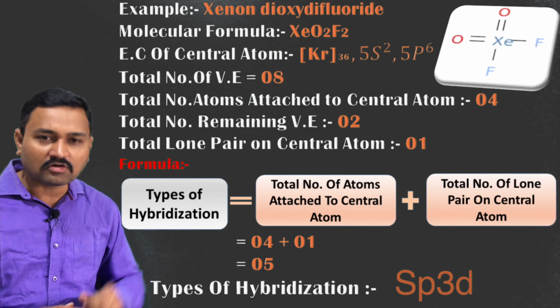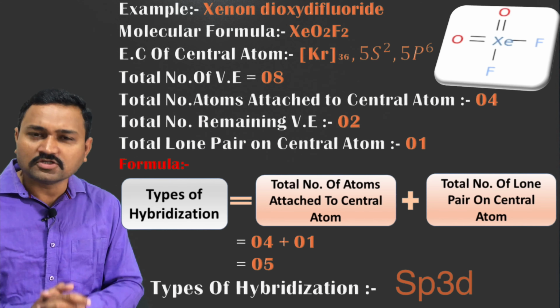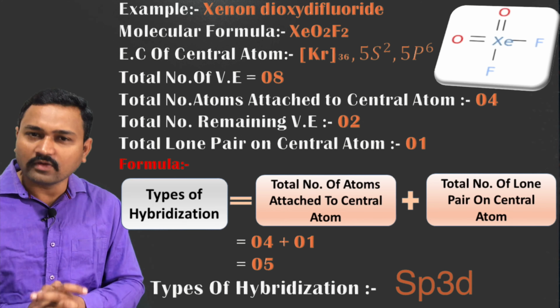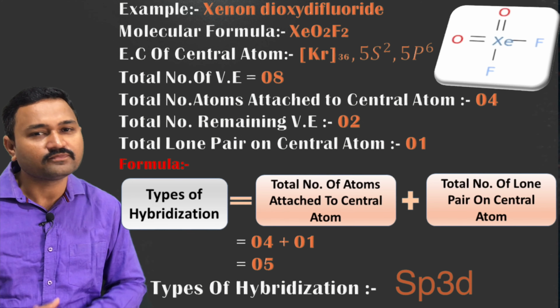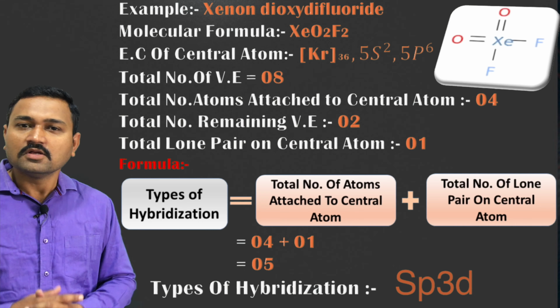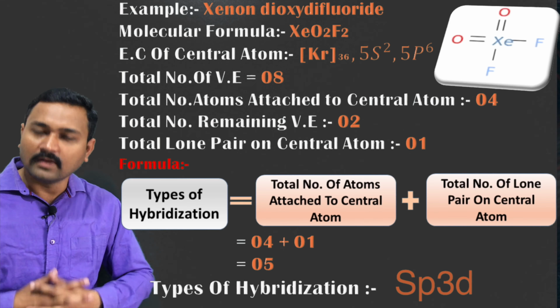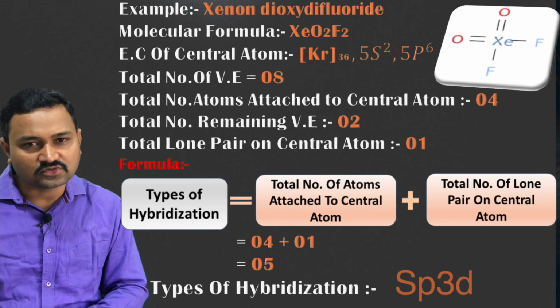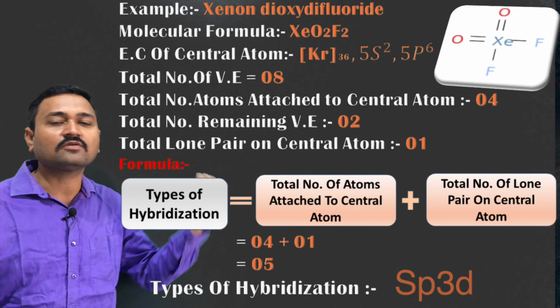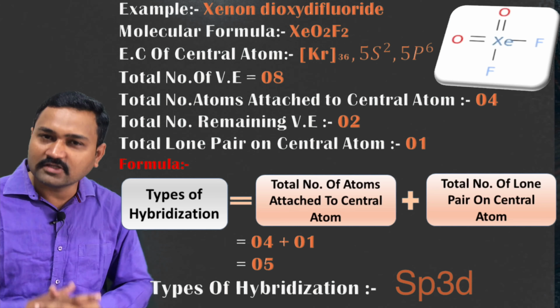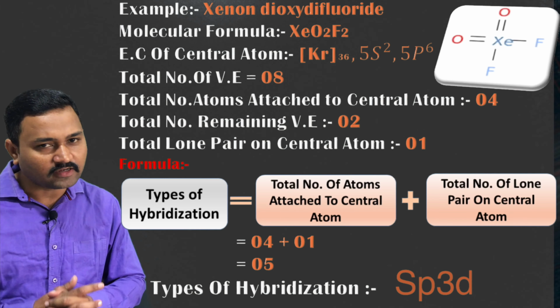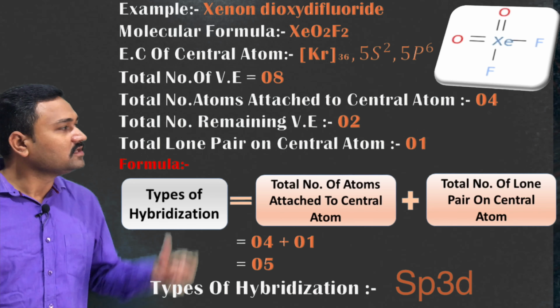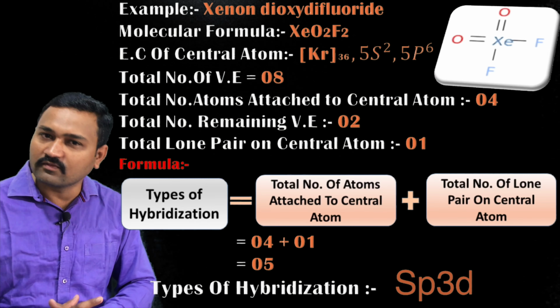So, each oxygen atom uses 2 electrons, hence the 2 oxygen atoms will use 4 electrons. So, 4 plus 2 electrons utilized by fluorine will be equal to 6. Out of 8 valence electrons, 6 are utilized by the 2 oxygen atoms and the 2 fluorine atoms. Hence, the remaining valence electrons will be equal to 2.